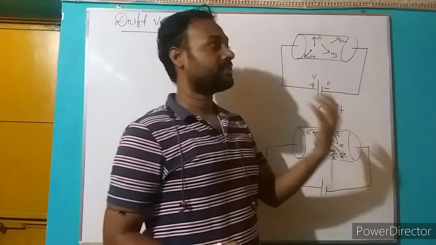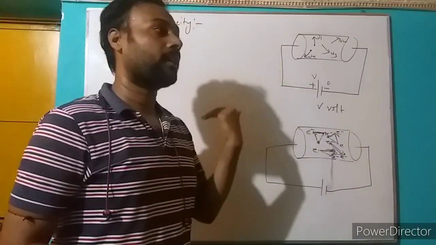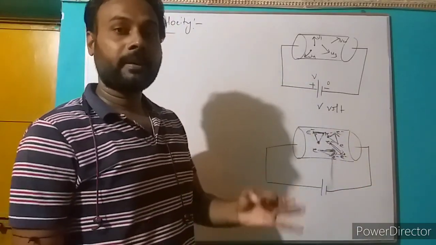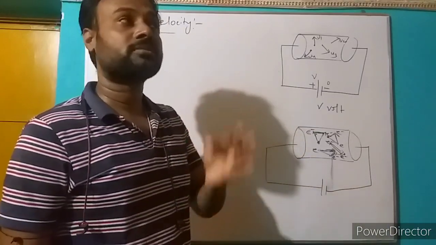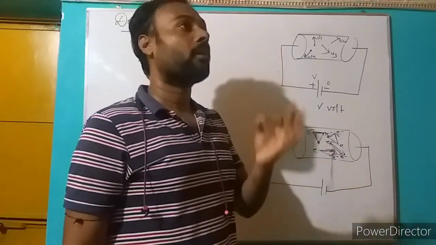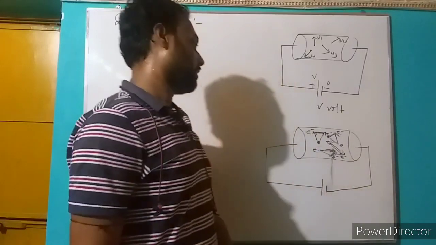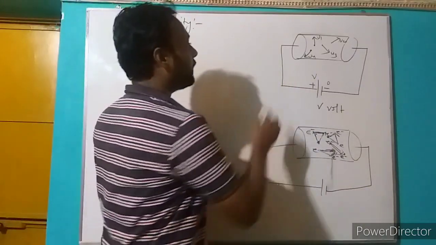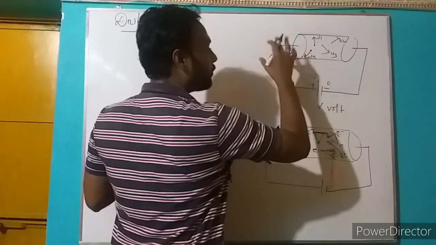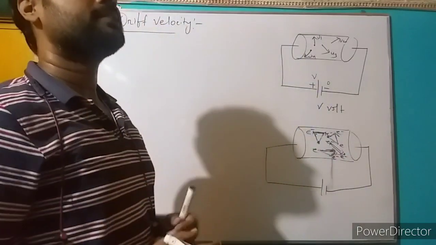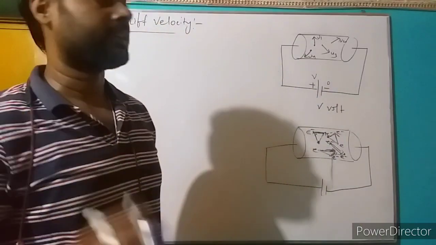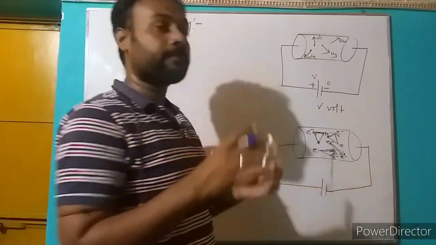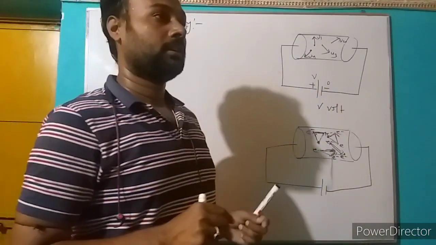Drift velocity is the net average final velocity with which free electrons get drifted toward the positive terminal of the battery. Whenever the electrons are moving randomly and we attach the battery, a force is exerted on the charged particles so that they get drifted.